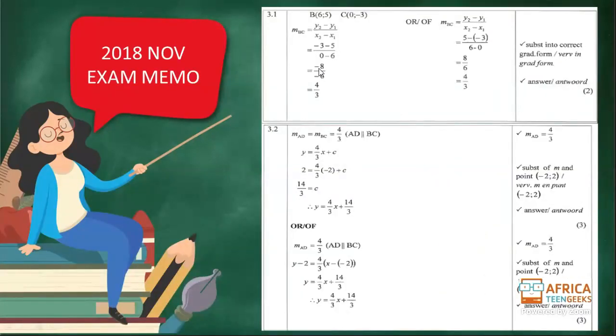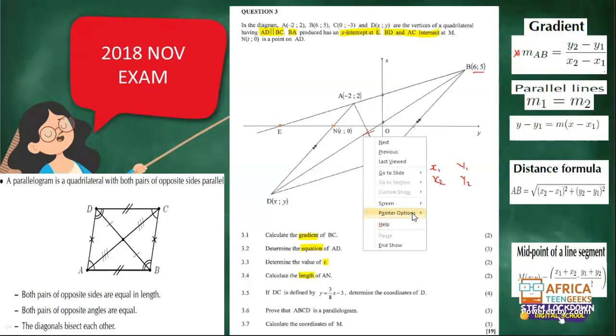So we substituted and we got that our gradient is 4/3. Okay. So you get marks for the correct substitution. If you use the right values, you get a mark, and also you get a mark for your answer. So even if you don't get your answer correctly, you'll still get a mark for substituting. So then we got 4/3.